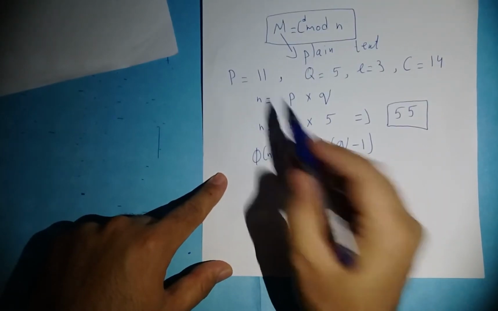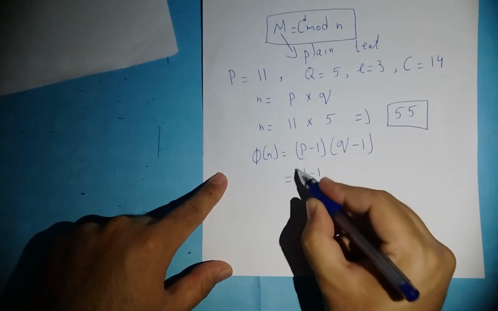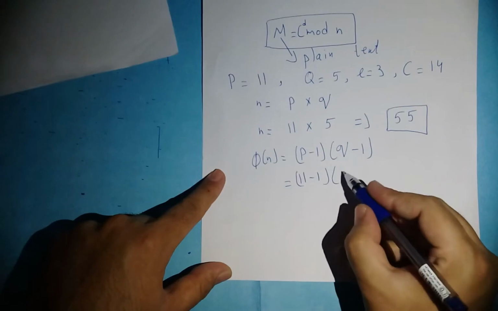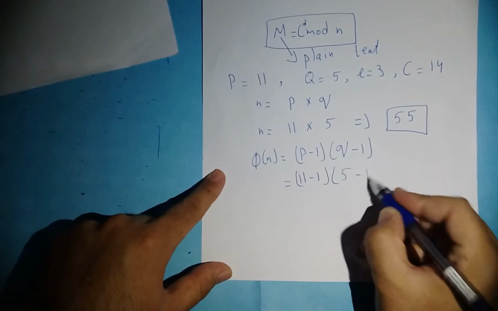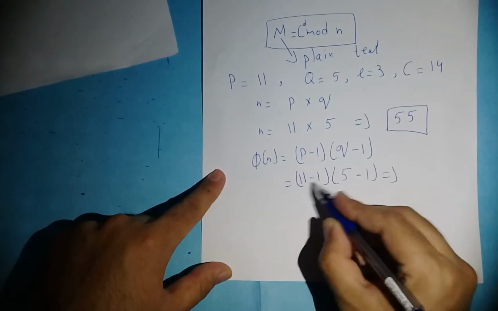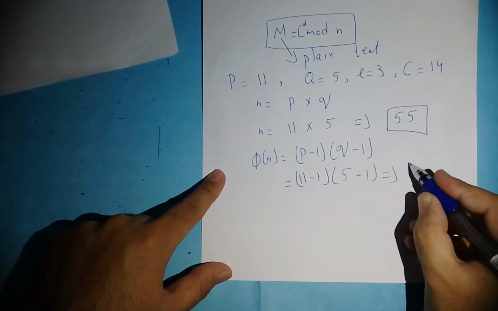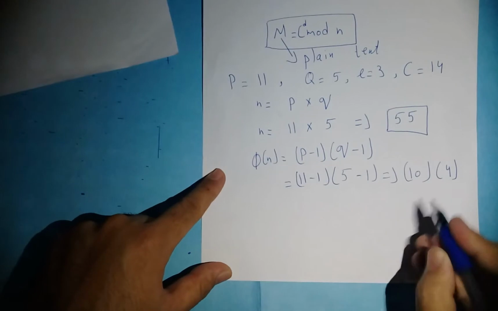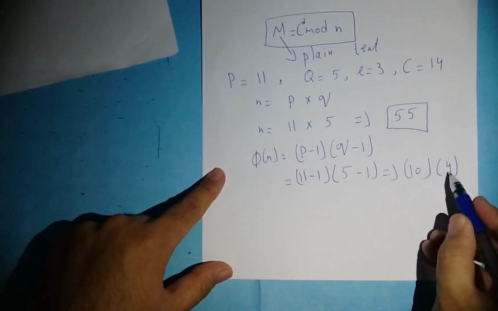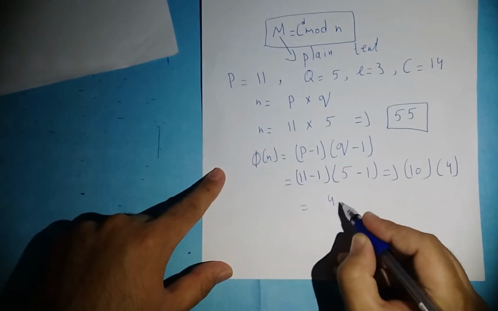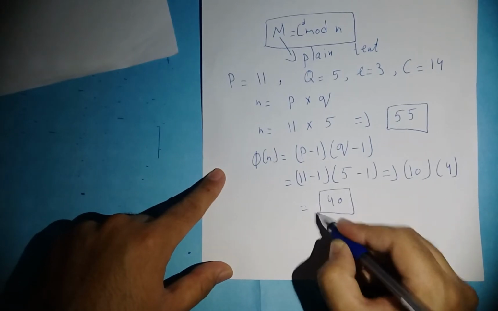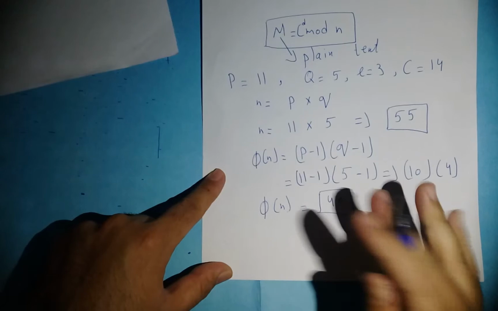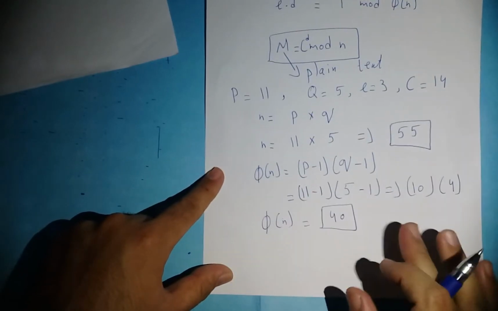P I've got it 11, so I say 11 minus 1, and Q I've got it 5, so I say 5 minus 1. When I solve this, 11 minus 1 is 10, and 5 minus 1 is 4. When I multiply 10 with 4, I get the answer 40. So this is the value of phi n, I've got it by using this formula.